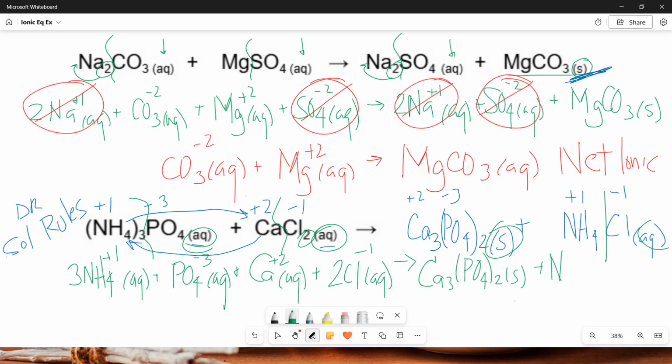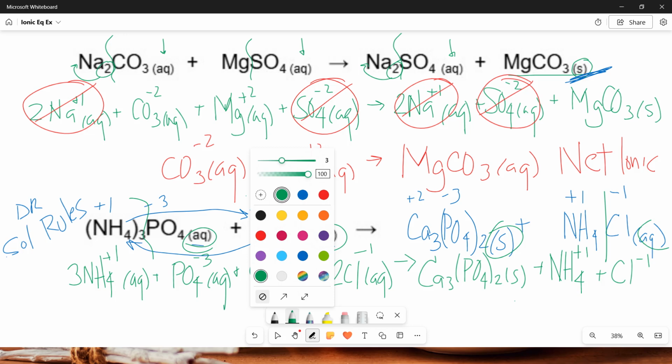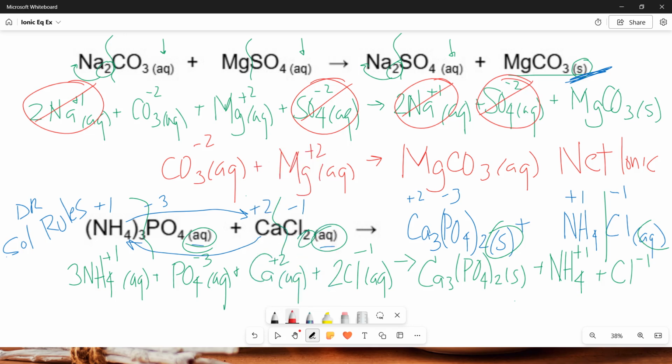And then we have ammonium. I'm not going to write the aqueous out because I am running out of space. I'm just going to throw in the chloride ion here. Our next step is to take out the spectators. So what's common to both sides? Whoops, I forgot to balance this equation. I need a 3 here, so that means there's a 3 in front of these two. Oops, and you know what? I think that is going to be wrong because I didn't balance my other ones.